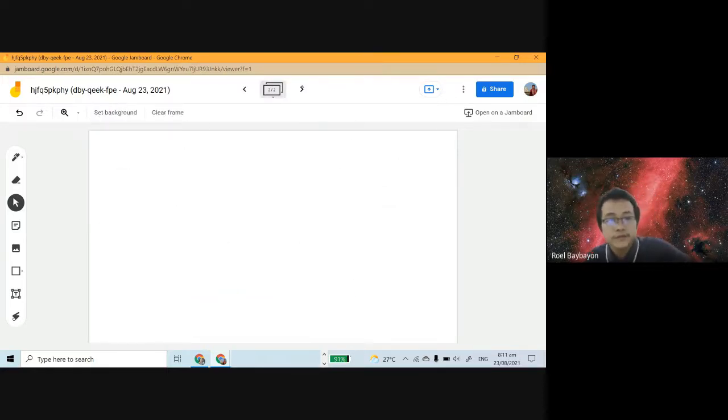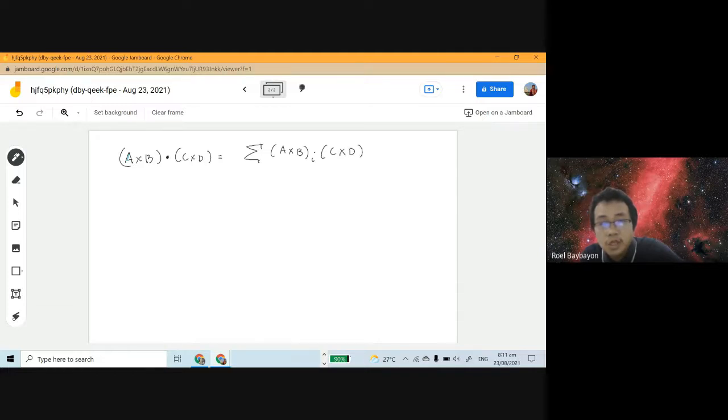So I have this A cross B dot C cross D. By definition of a dot product, if I have A dot B, then that is equal to the summation of A_i B_i. So this is a dot product, therefore I have (A cross B)_i times (C cross D)_i.